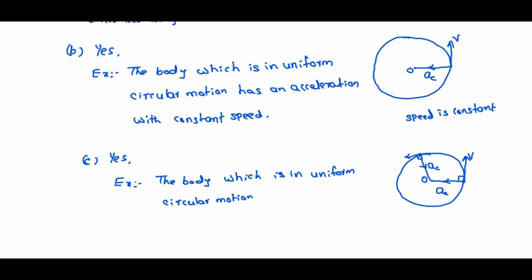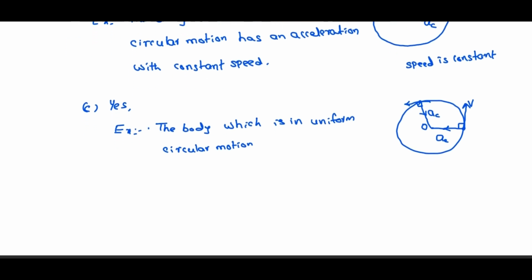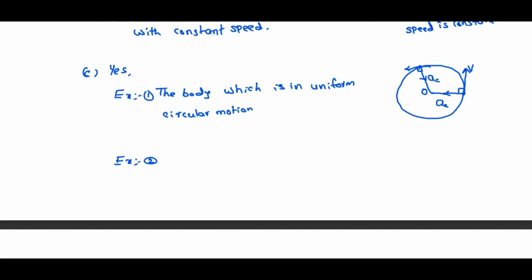One more example also we can take. Suppose you take this as example number 1, one more example is the oblique projectile. If your body is projected at a certain angle with the horizontal, because of acceleration due to gravity, the body will travel in a projectile path like this.